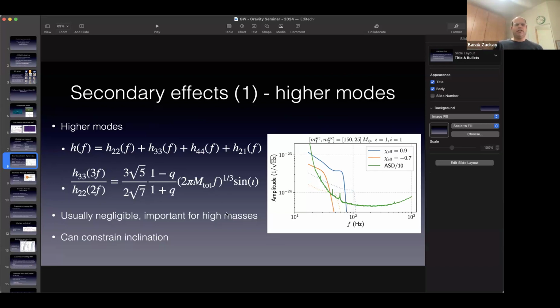And if I want to break the degeneracies in inclination and mass ratio, then maybe I also want to include higher modes in my search. Okay, not in my search, in my parameter estimation. So long story short, it's usually negligible, but it can make a difference to the interpretation of very loud signals or to the detection of very heavy signals.